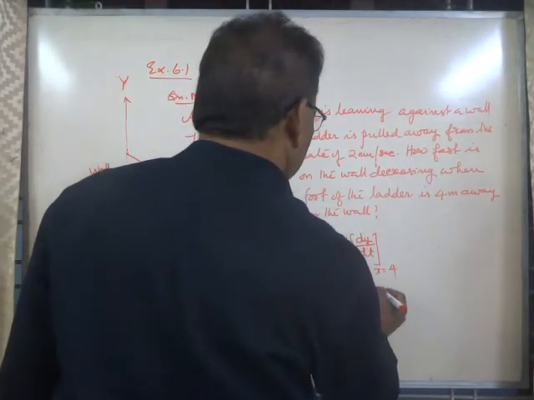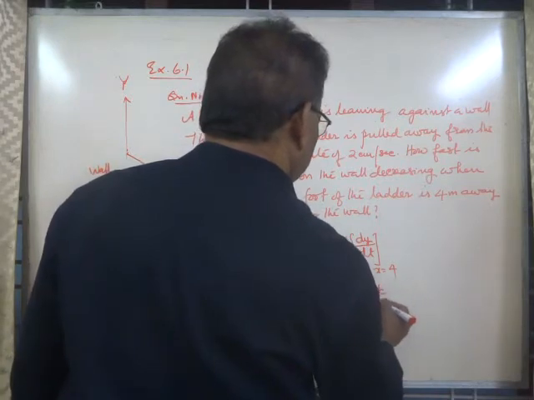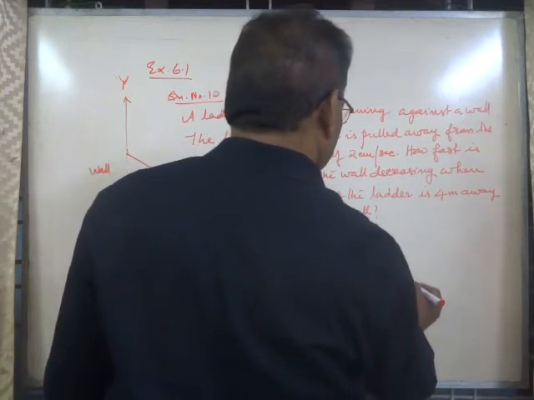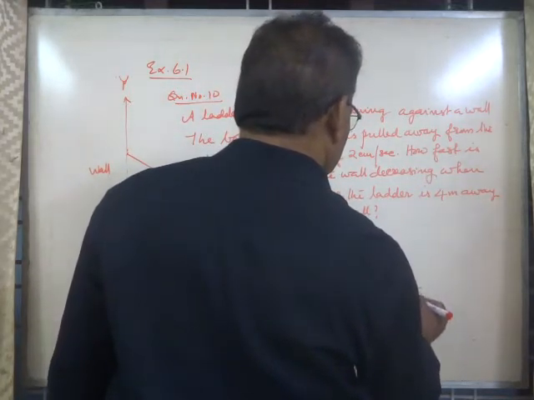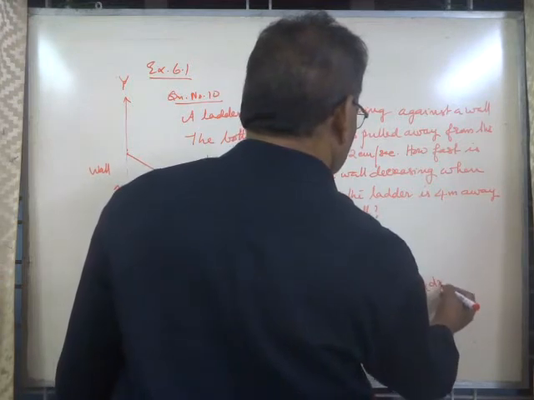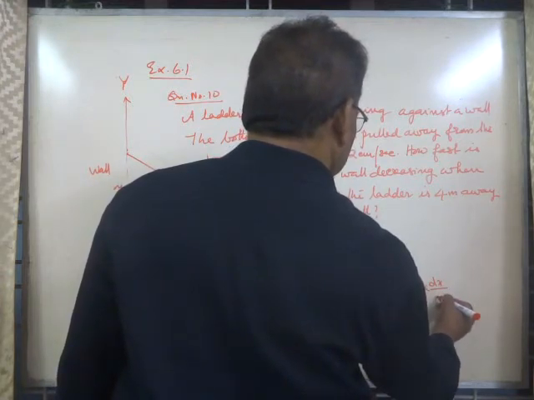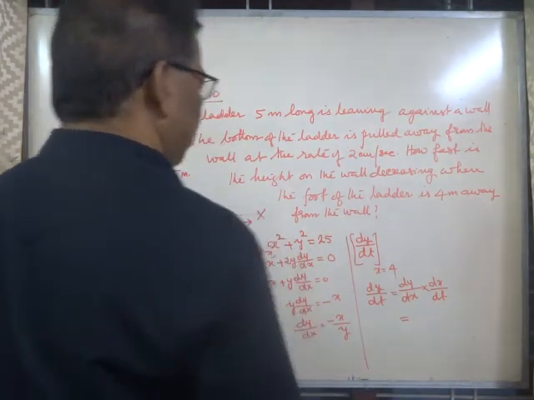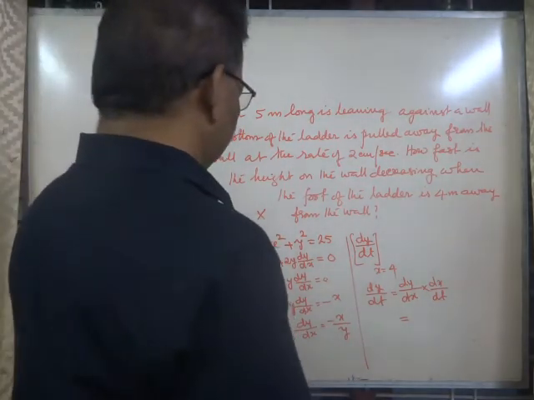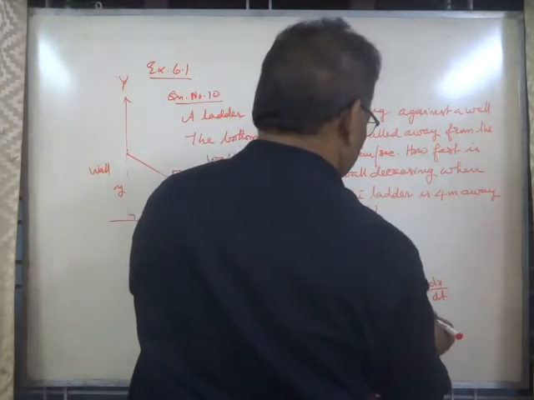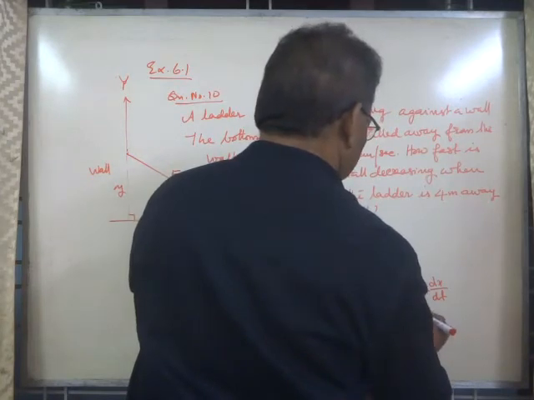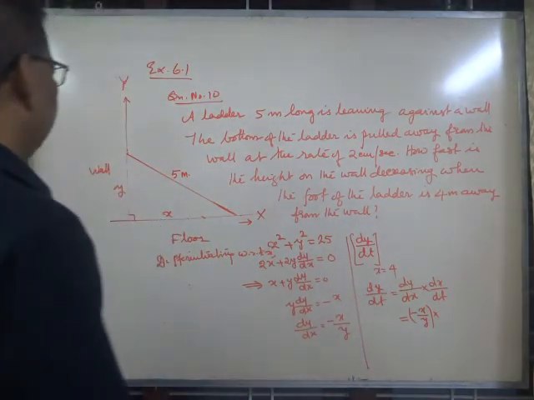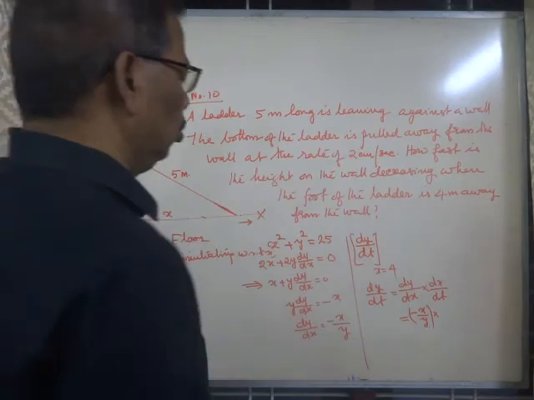Now, dy by dt is equal to dy by dx into dx by dt. dy by dx is minus x by y. dx by dt is given to be 2.